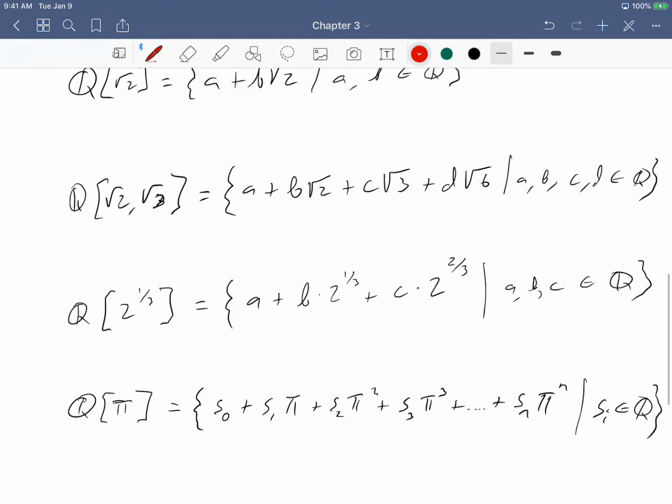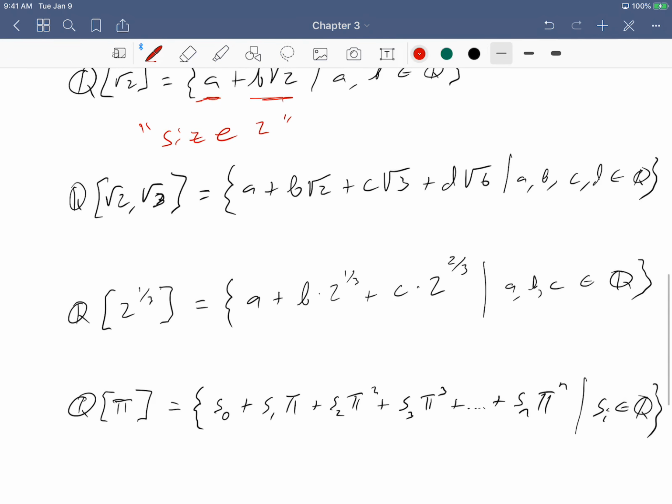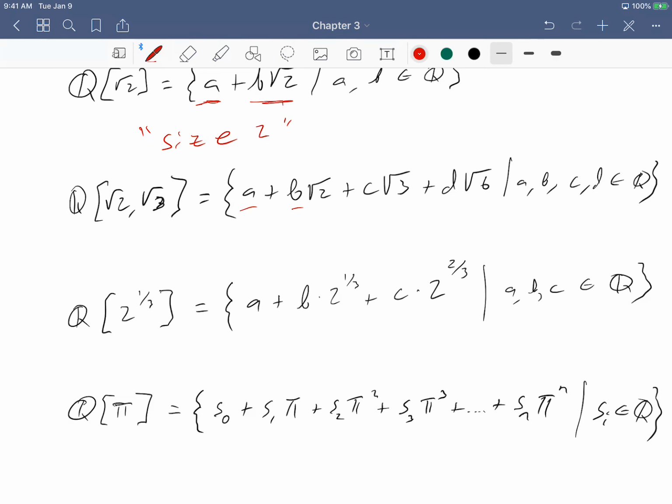So let's talk about why these are different. Somehow they feel very different, but it's not quite clear how we can describe that, and that's what we're trying to figure out. So one way to classify how these are different is to say, look, I needed 2 terms, and that was it. And so I might want to think about this as somehow size 2. Versus the one below it, I needed 4 terms, right? So here, I needed 4 different terms.